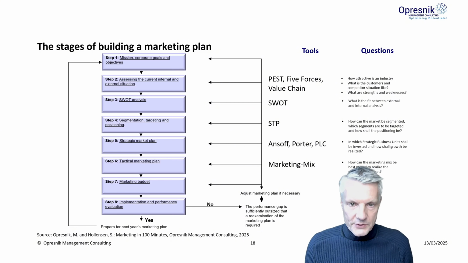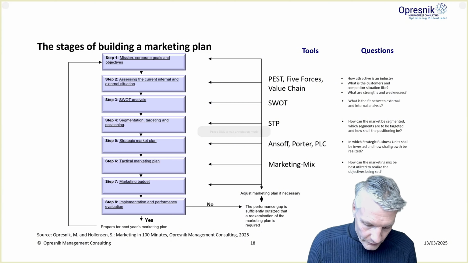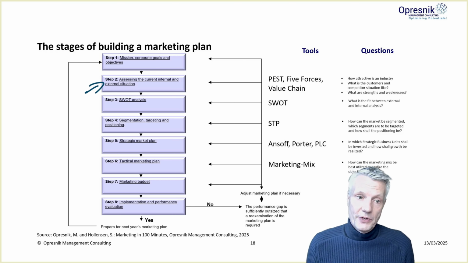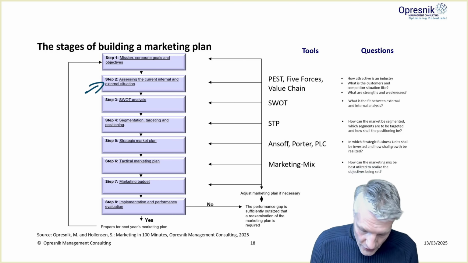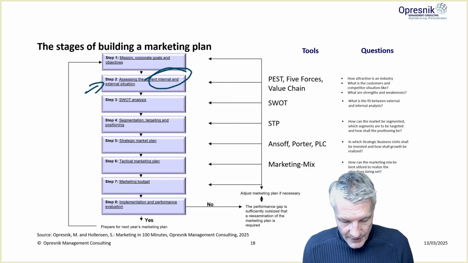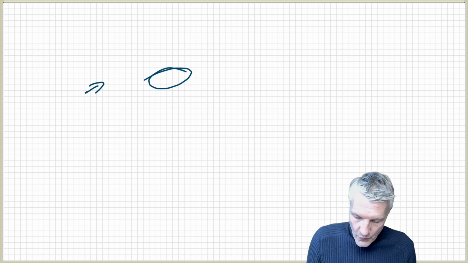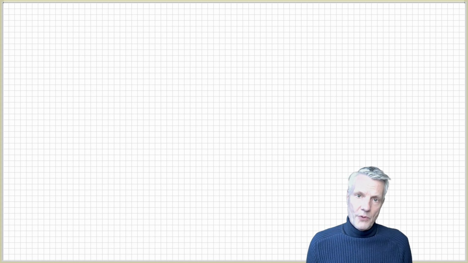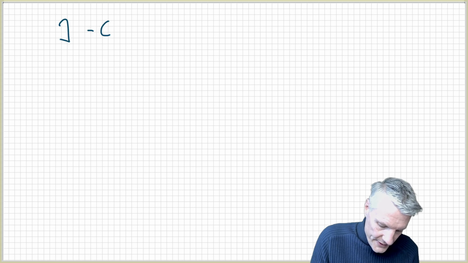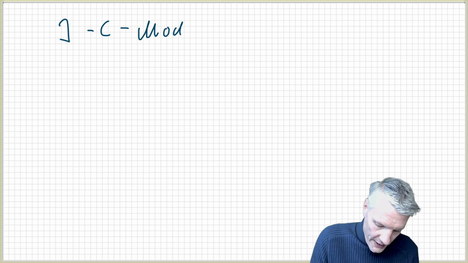Now, this is one part of the second step. This is the external environment. But now we also need to look at the internal situation of the corporation. How do we do that? Of course, there are different kinds of models, but the most comprehensive, easiest to use model is the so-called 3C model, or the competitive triangle.